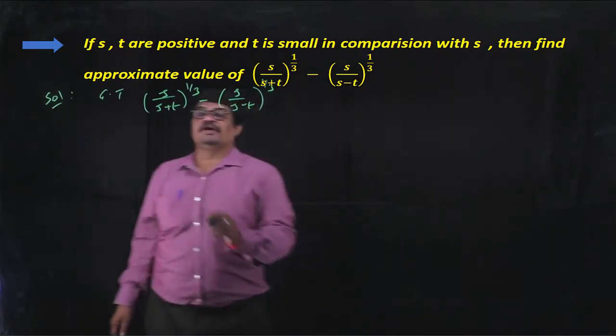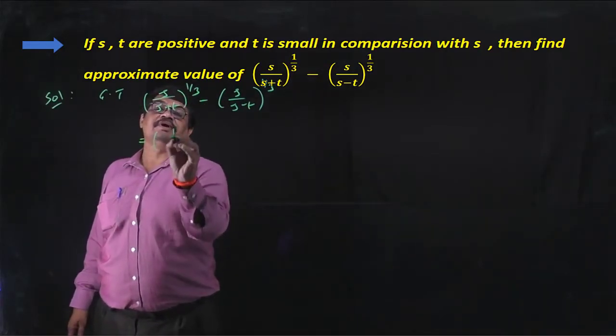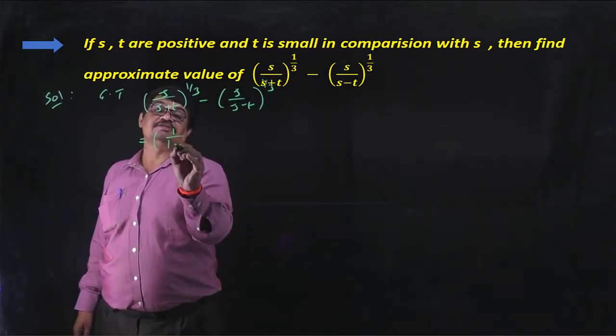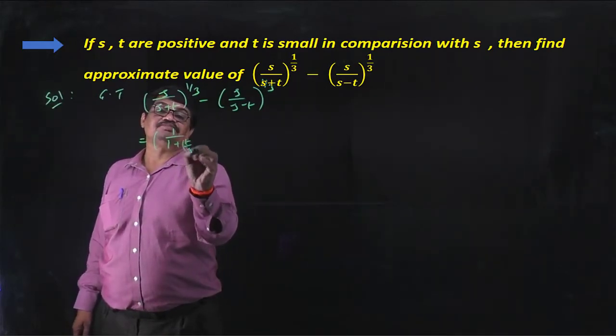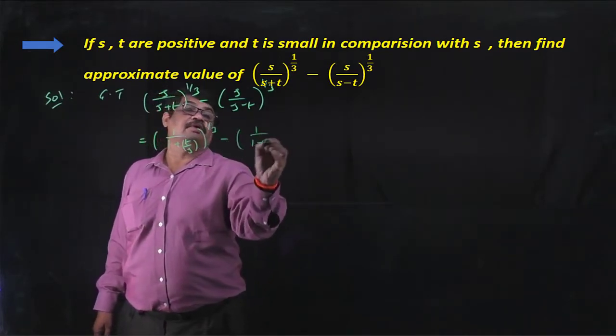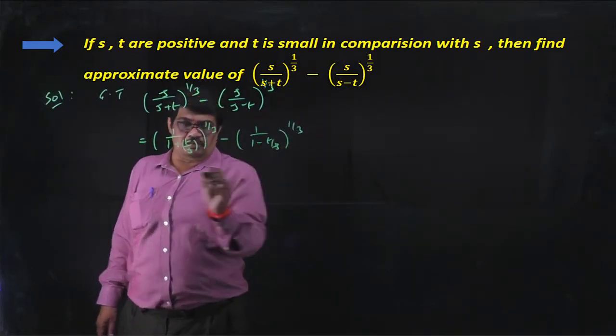Now we are dividing by s. Here s by s is 1, and here also s by s is 1, so we get 1 by (1 plus t by s) whole power 1 by 3 minus 1 by (1 minus t by s) whole power 1 by 3.